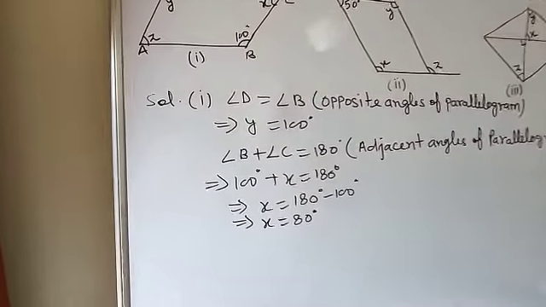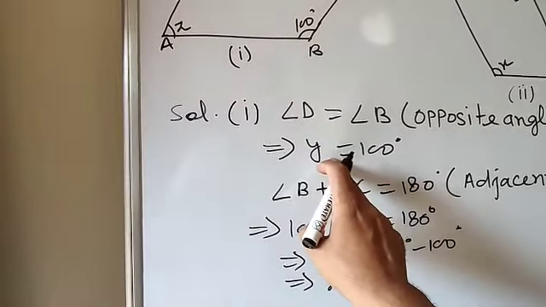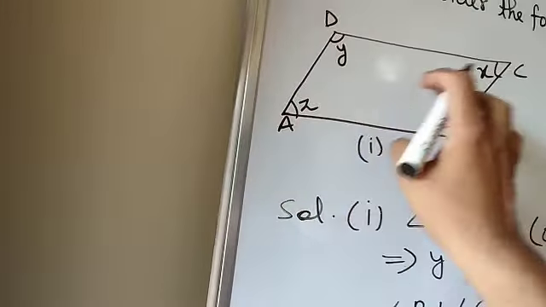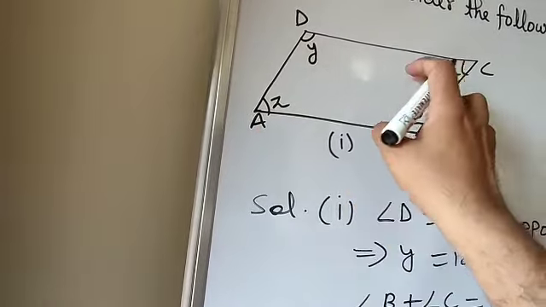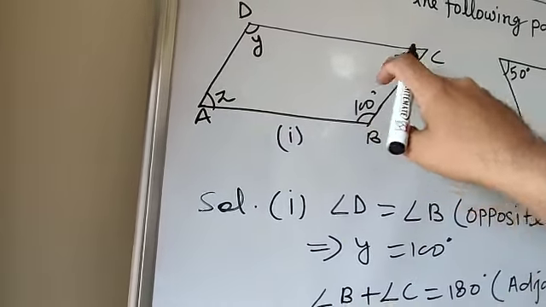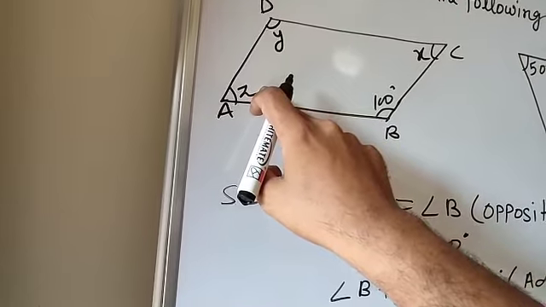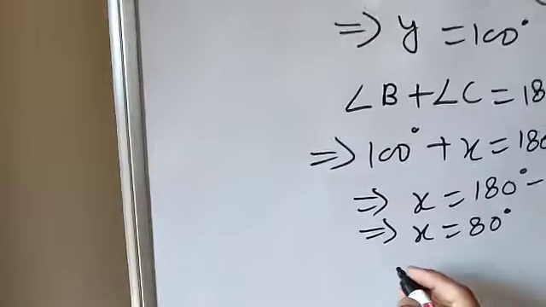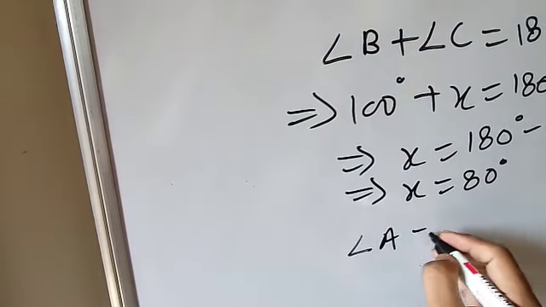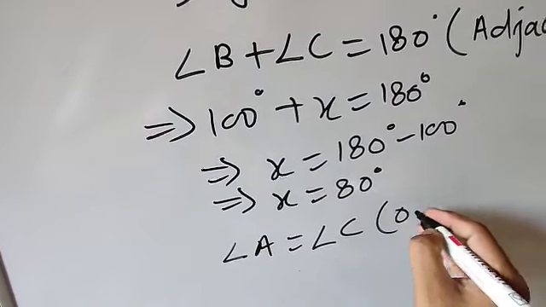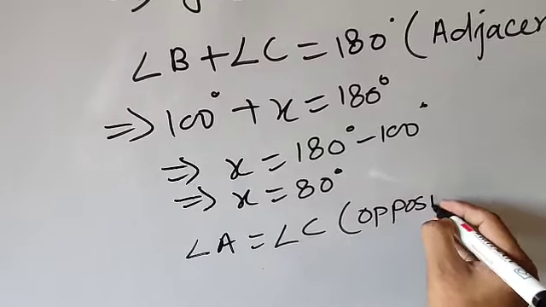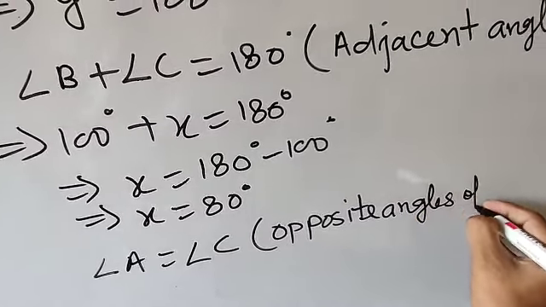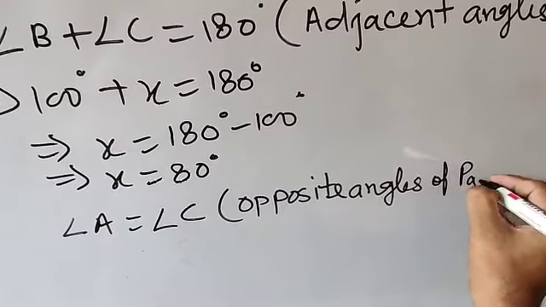Now next you need to find the value of z. You got the values of y and x, and the last value is z. Here z and x are opposite angles of the parallelogram. You got the value of x as 80 degrees, so angle z will also be 80 degrees. So you can write angle A equals angle C, opposite angles of a parallelogram.